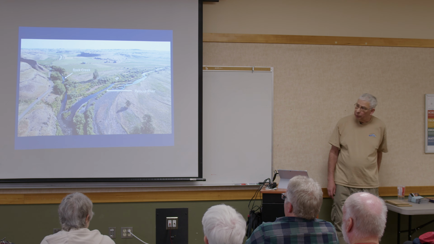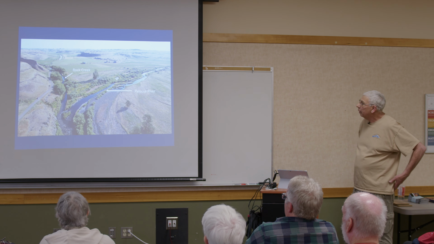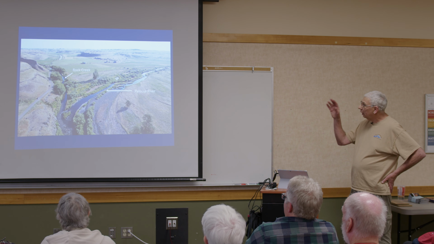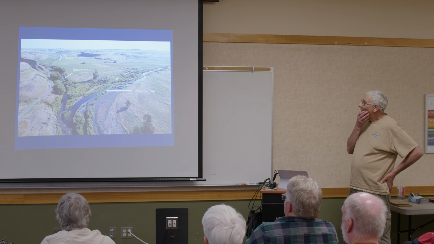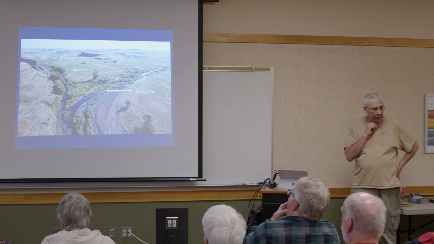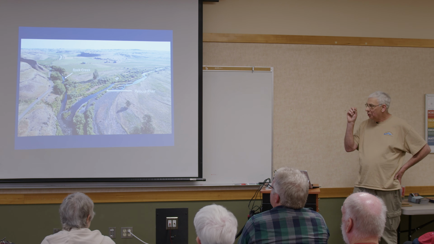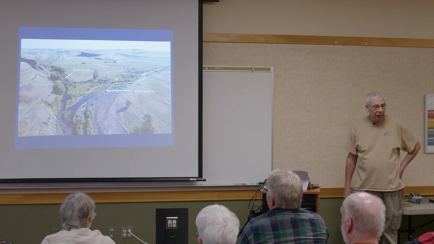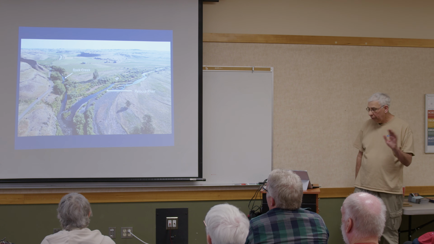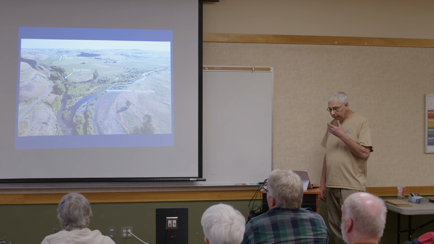This is where the Palouse River and the Rock Creek come together, looking upstream. And now we have what we call underfit streams. Now we have 2 bodies of water there. They're too small to make the channels that they are in. They're called underfit streams.